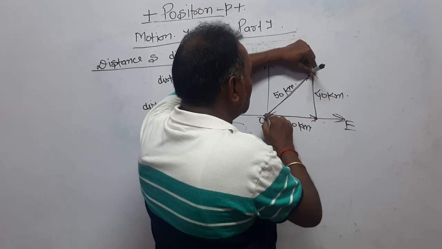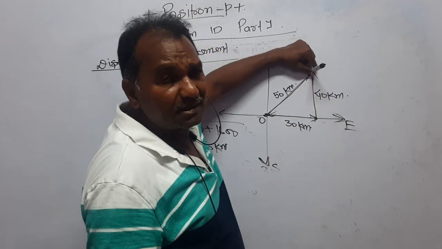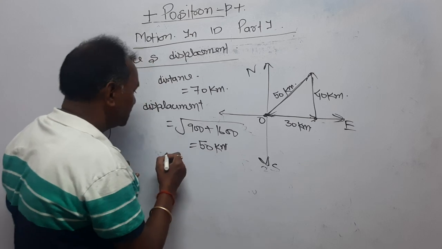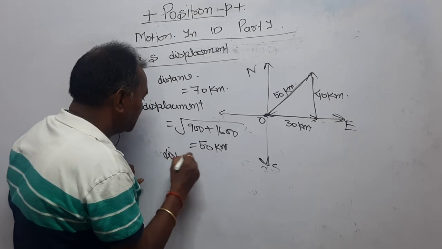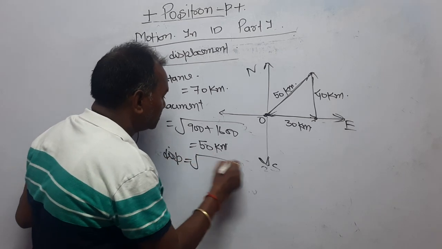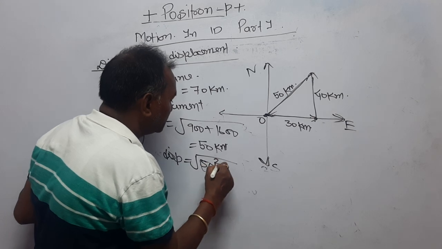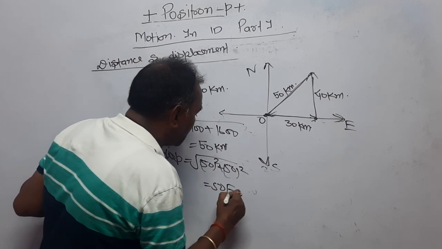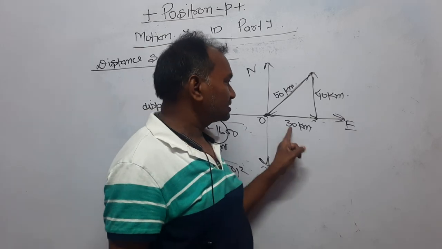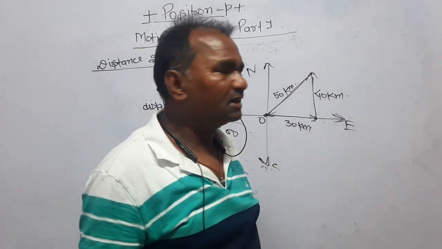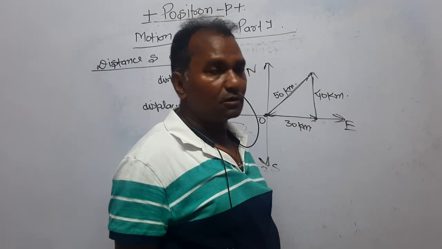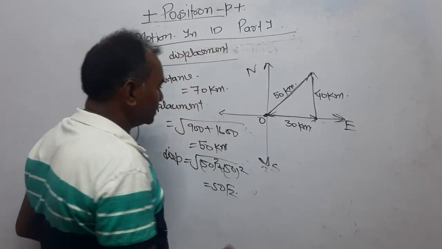Then it will work. This is a 90 degree angle, a right angle triangle. It is again hypotenuse. In this case, displacement will be under root 50 square plus 50 square, or 50 root 2, and the distance will be what? 30 plus 40, that is 70, and then 50 here, so 70 plus 50, that is 120.